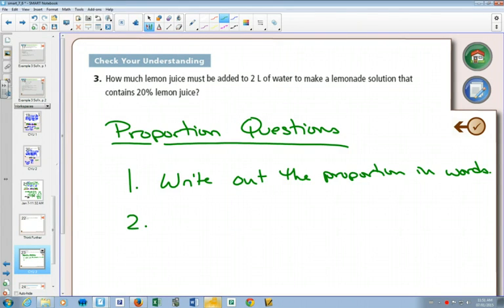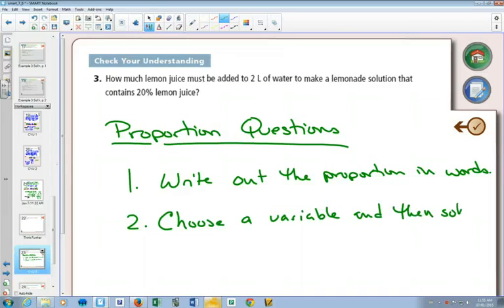I would call our distance, speed, time ones the most complicated because it's got a big chart. Then our work questions is the second complicated, and I would say these ones are the easiest. Just write out the proportion in words. And then you just have to choose a variable and solve it.